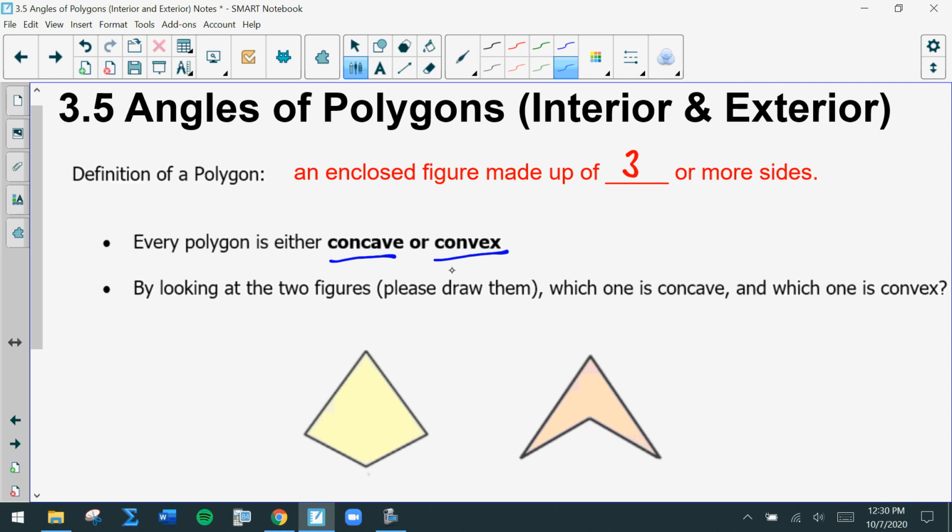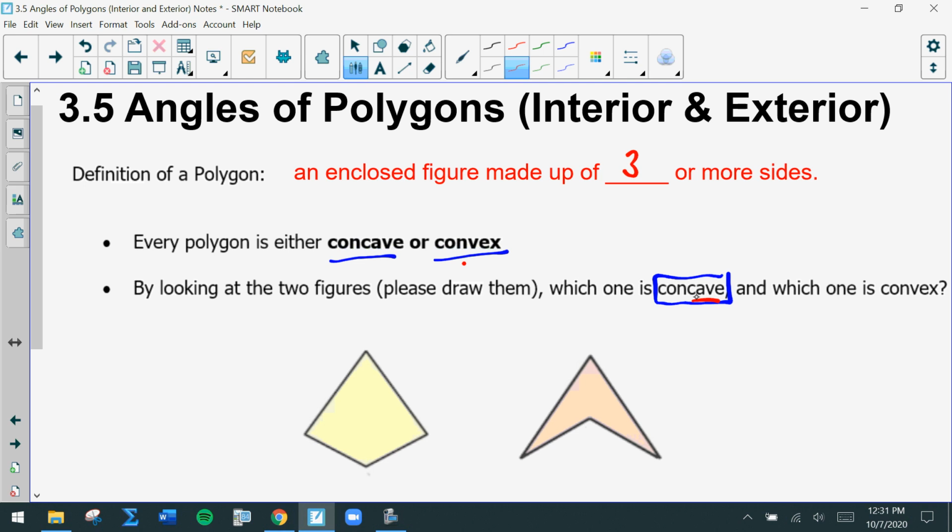We don't know the definitions of these terms yet, but if we look at the two diagrams below, I want you to draw these figures. Which one would you suppose is concave, and which one would be convex? When you look at the word concave, is there a word that pops out at you? I see the word cave.